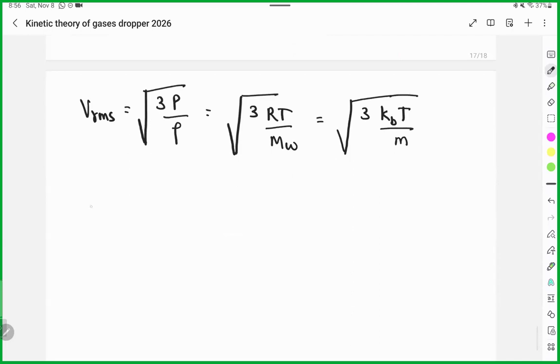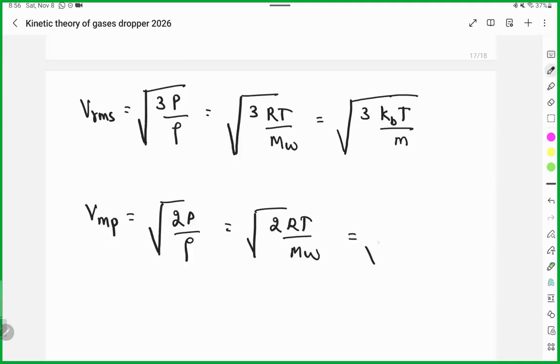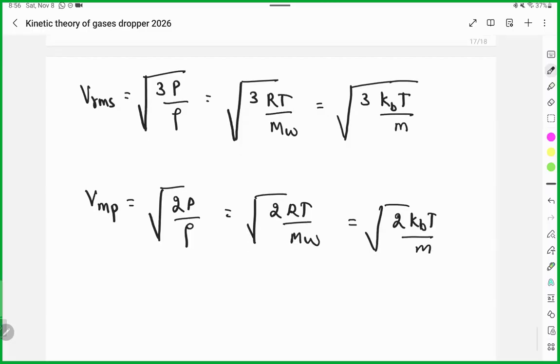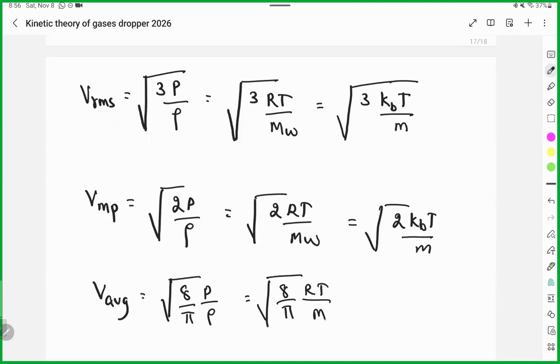Then the most probable, everything in the form of 2: 2P by rho, 2RT by MW, and 2kBT by m. Same for average: 8 by pi P by rho, 8 by pi RT by MW, and 8 by pi kBT by m.